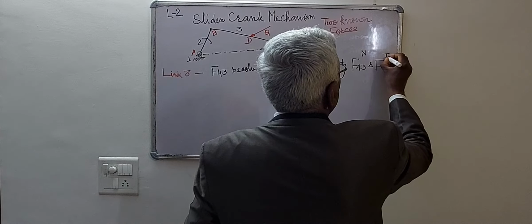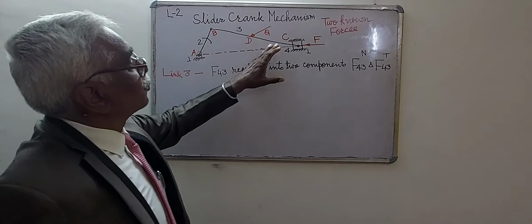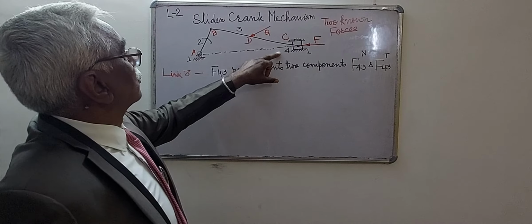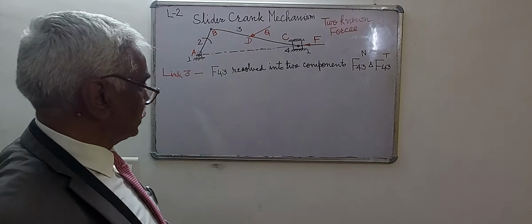F43, the force acting by link number 4 on link number 3, can be resolved into two components.